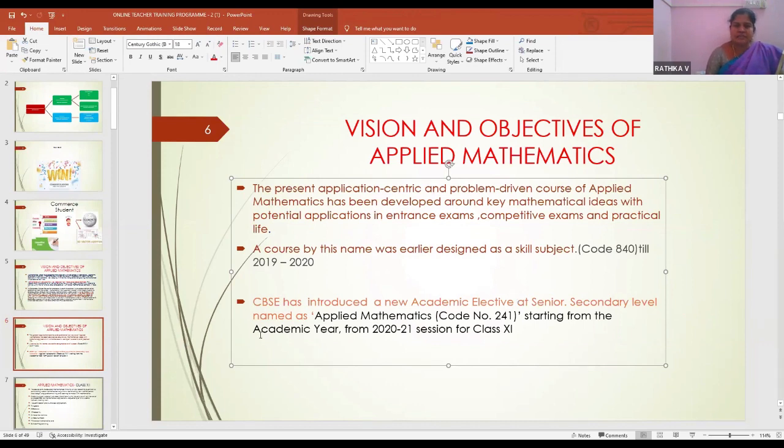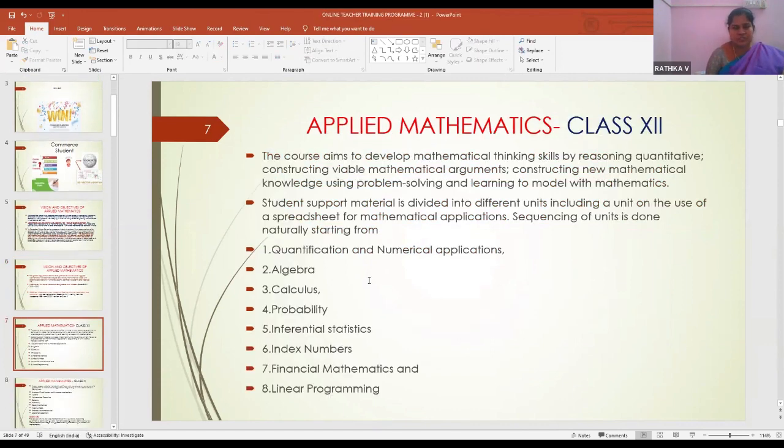At secondary level the name is applied mathematics, and here the code number is 241. So mathematics is 041, and applied mathematics is 241. But both are elective subjects, with equivalent validity, equivalent weightage, difficulty level, everything is the same. Starting from the academic year 2020-21 for class 11, the first batch has already entered the term 1 board examination.